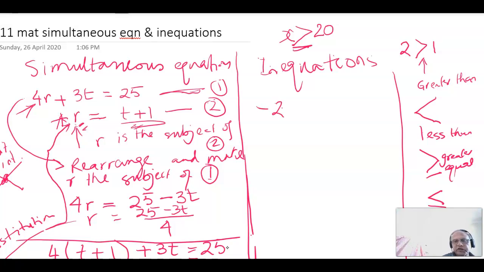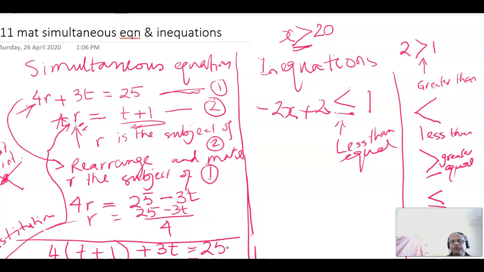So negative 2x, that was the problem, plus 2 is less than, this is less than or equal. See that?